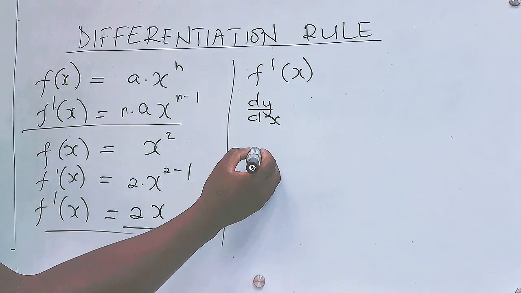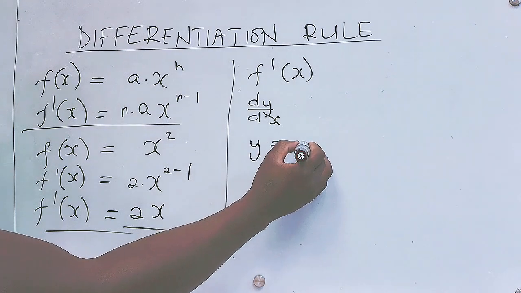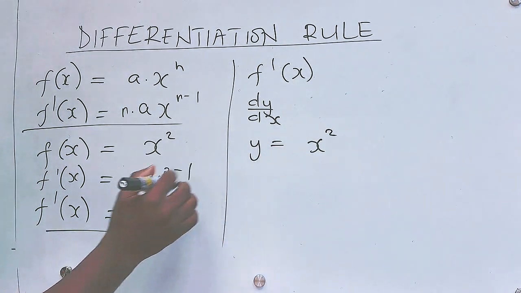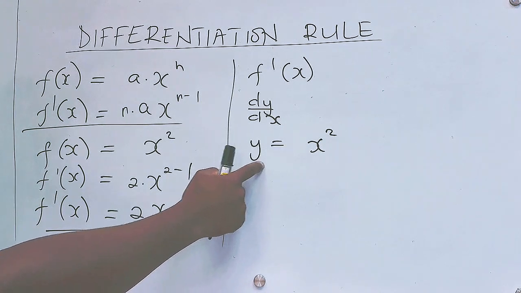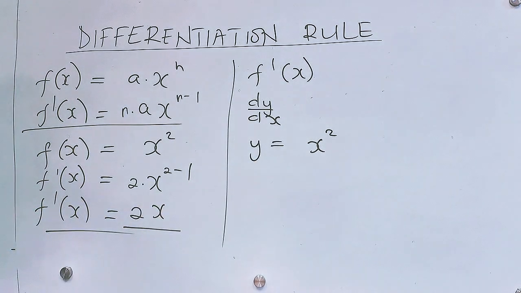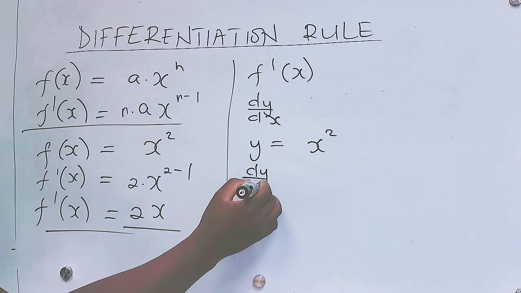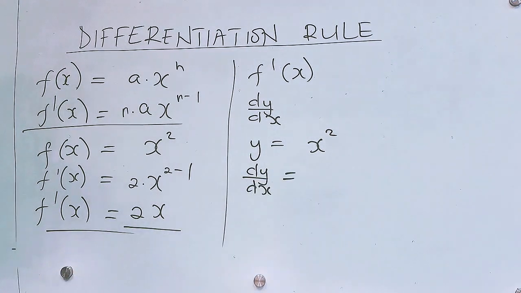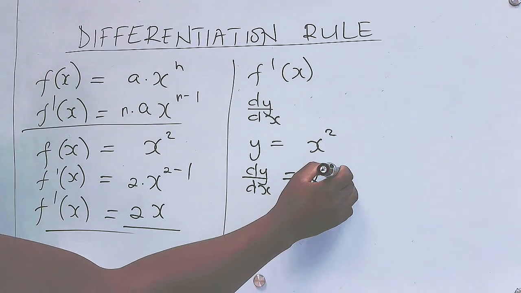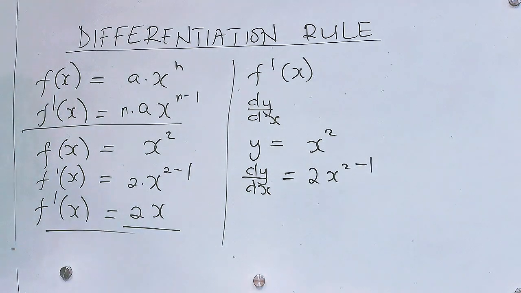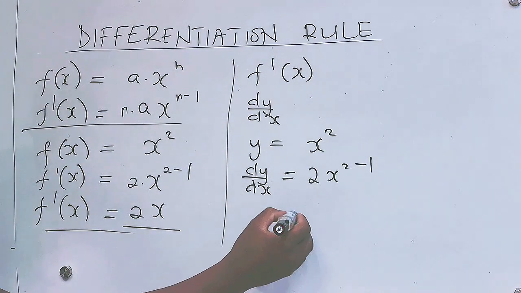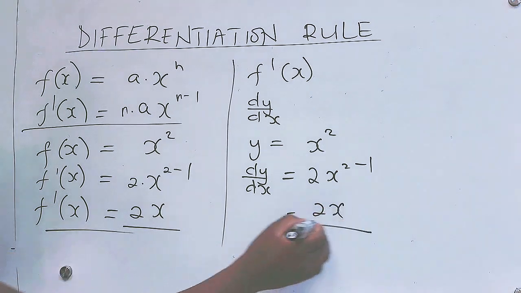Let's say we're given y is equal to x squared. In this case, we can't find f prime of x, as you can see, we're not given it in function form. So we need to find dy dx. So dy dx is equal to 2x power 2 minus 1. The differentiation rule is still the same, and we get 2x.